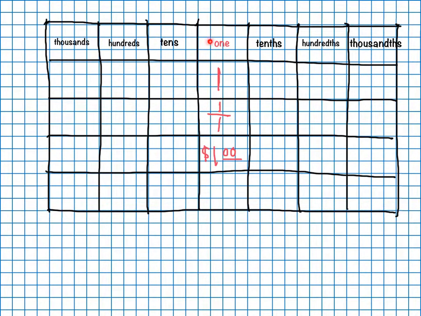5th graders, you've seen that I've completed these headings. Now I'm going to write these in terms of their normal form. Tenth is going to be 0.1, hundredth is going to be 0.01, and thousandth is going to be 0.001. Tens is going to be 10, hundreds will be 100, and thousands will be 1,000.